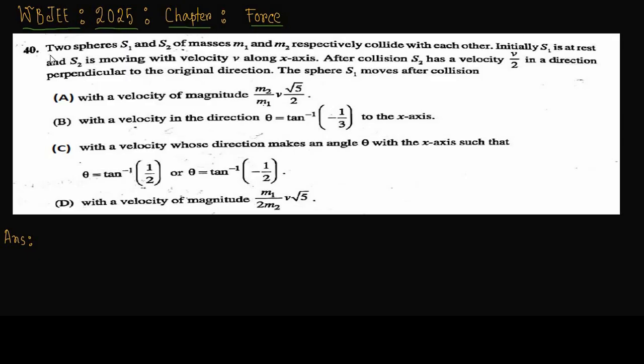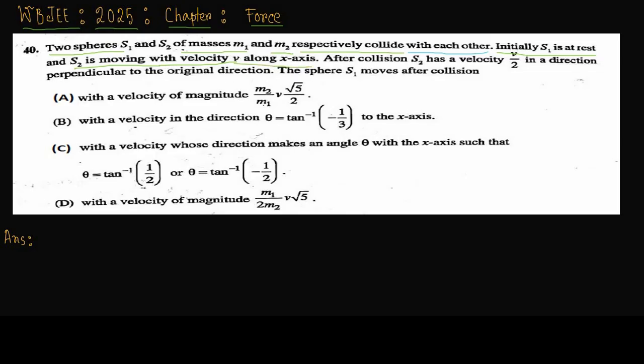Two spheres S1 and S2 of masses m1 and m2 respectively collide with each other. Initially the sphere S1 is at rest and the sphere S2 is moving with a velocity v along x-axis.